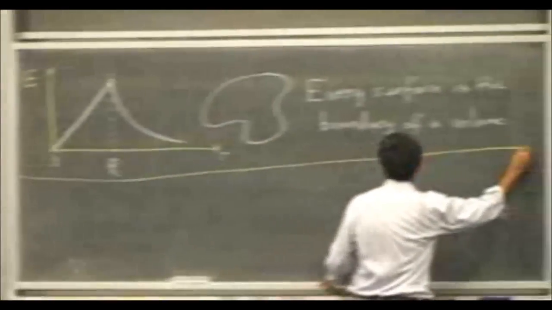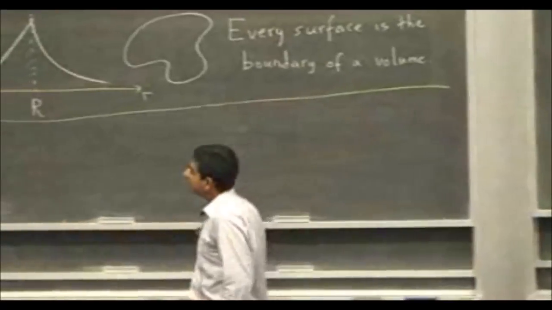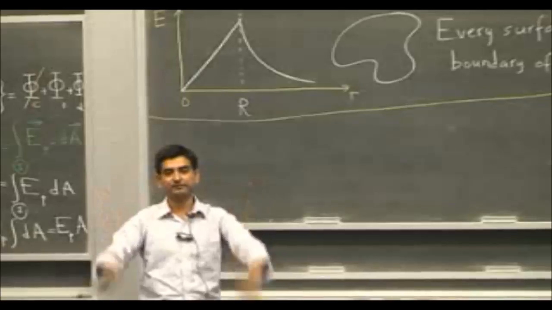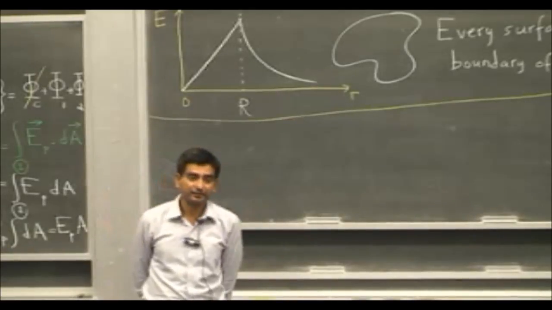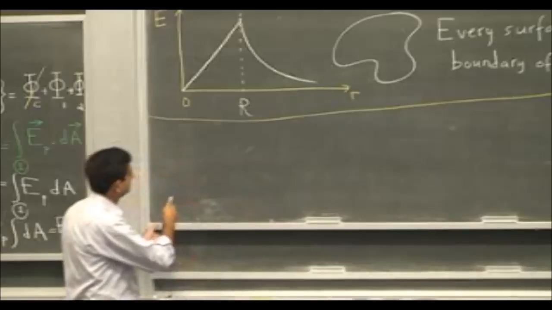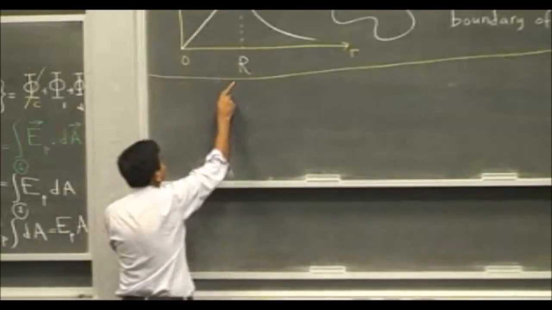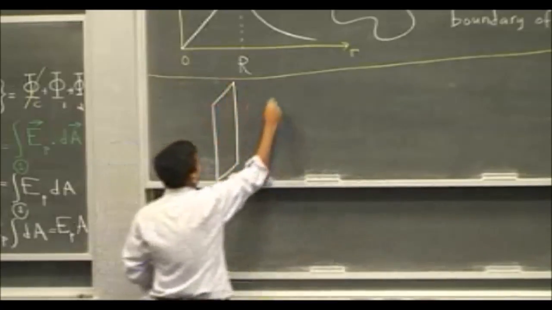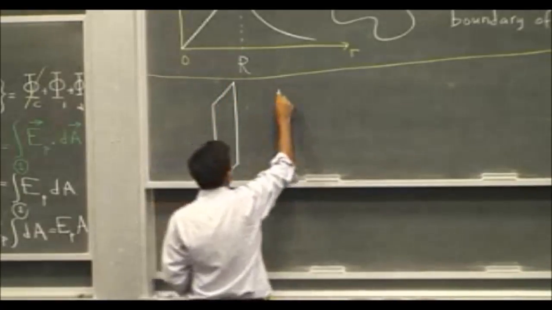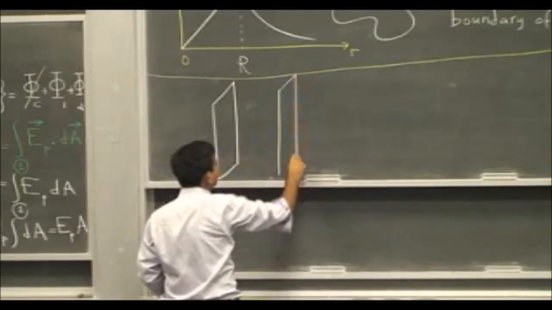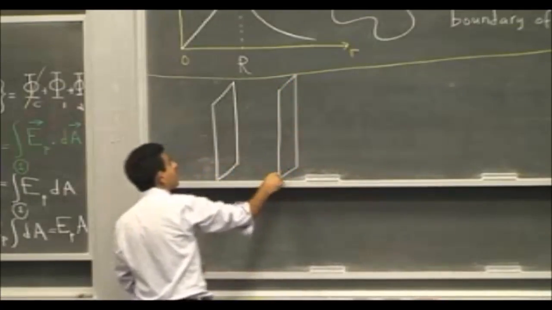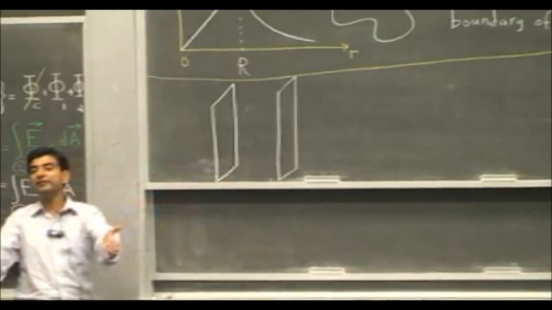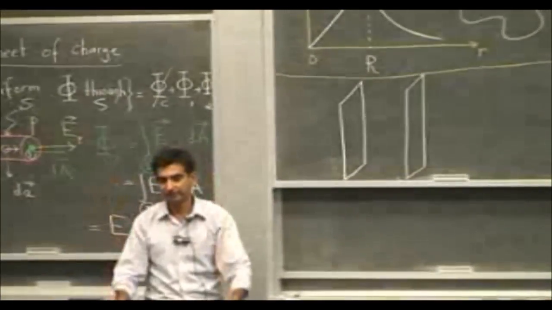All right. Now suppose instead of one plate of charge, I have two plates, like a capacitor. Both of these plates are of zero thickness, right?